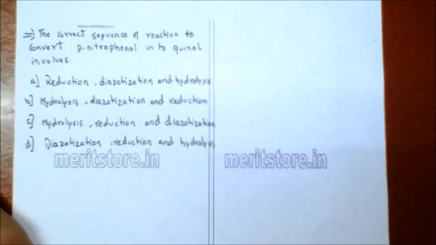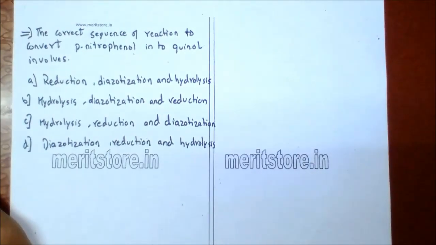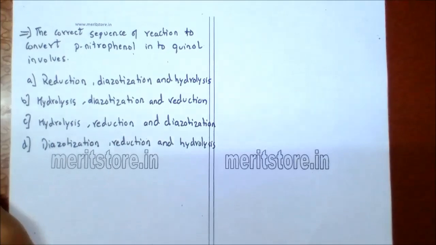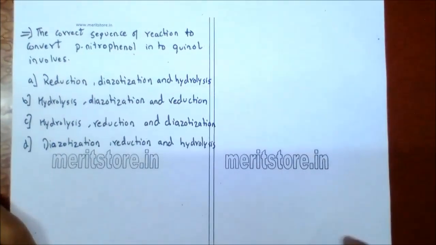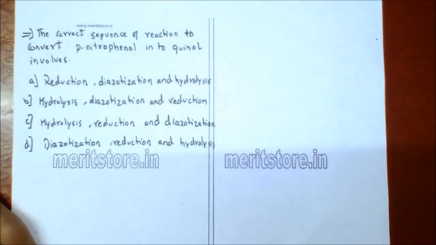The correct sequence of reactions to convert para-nitrophenol into quinol involves A. reduction, diazotization and hydrolysis, B. hydrolysis, diazotization and reduction, C. hydrolysis, reduction and diazotization, D. diazotization, reduction and hydrolysis.